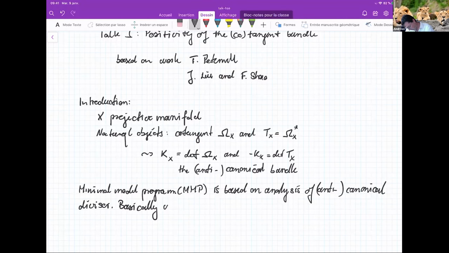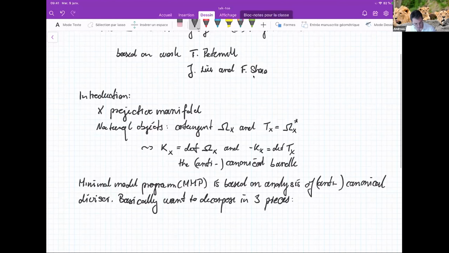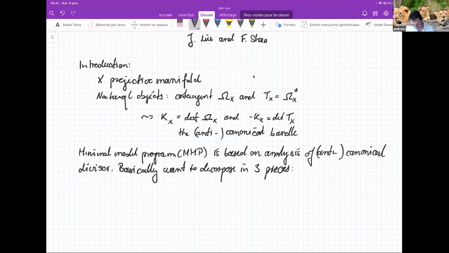You hope that in the end, after doing some operations, you will end up with three pieces where the canonical or the anticanonical behaves sufficiently nicely. So you have the situation where -K_X is ample, or at least big, which gives you what I would call Fano-type parts.